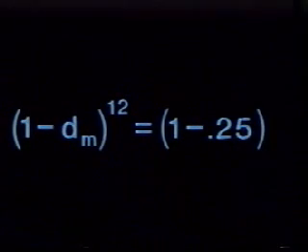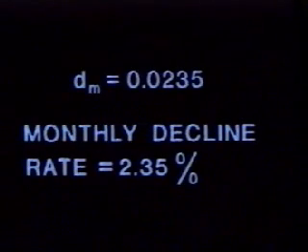It can be shown that the monthly decline rate D sub m is related to the annual decline rate d by the expression shown here. An annual decline rate of 25% works out to a monthly decline rate of 2.35%. As you can see, the calculations are quite direct.